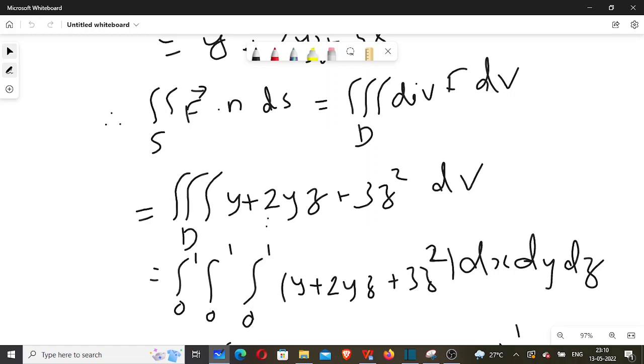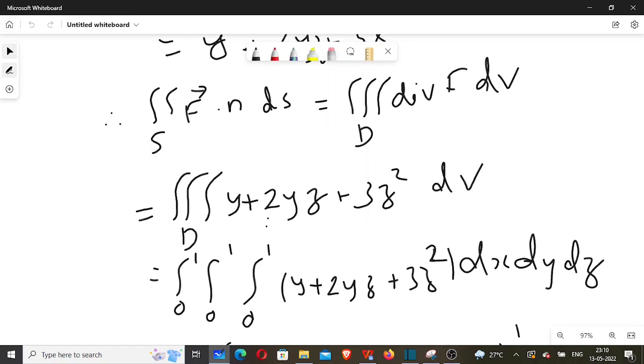The region of integration is the cube, 0 less than or equal to x less than or equal to 1, 0 less than or equal to y less than or equal to 1 and 0 less than or equal to z less than or equal to 1. Therefore all the limits are from 0 to 1, the integral of y plus 2yz plus 3z square dx dy dz.